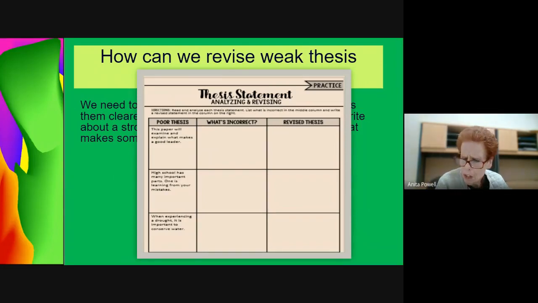Okay. The next one, when experiencing a drought, it's important to conserve water. Okay, we need to make this a little bit broader.